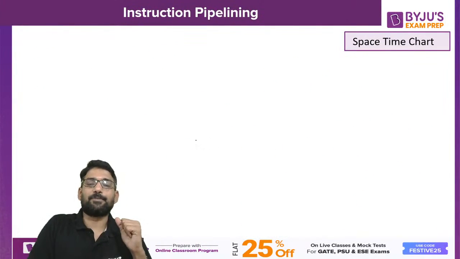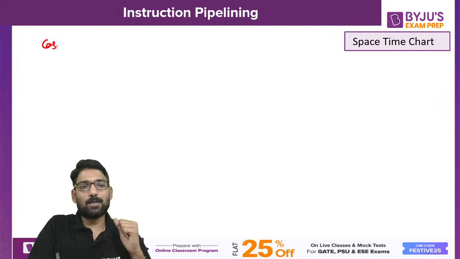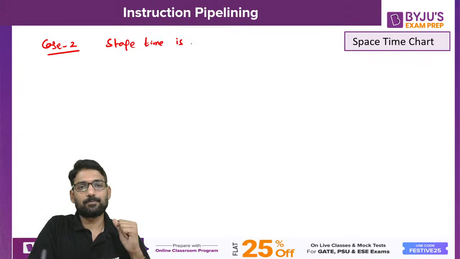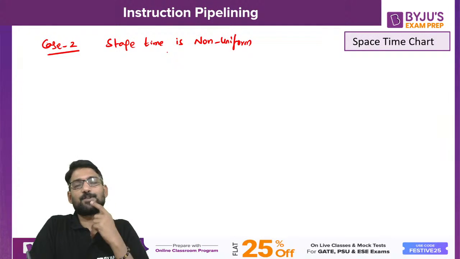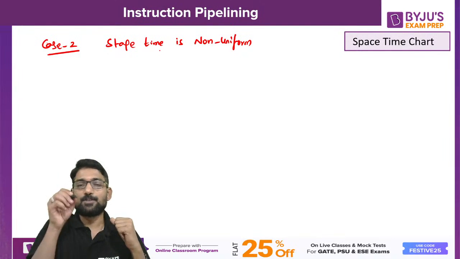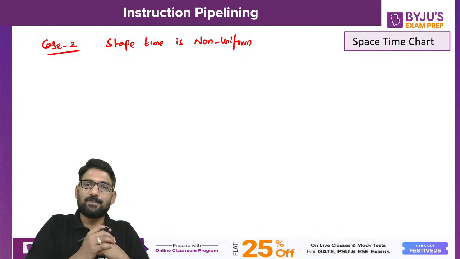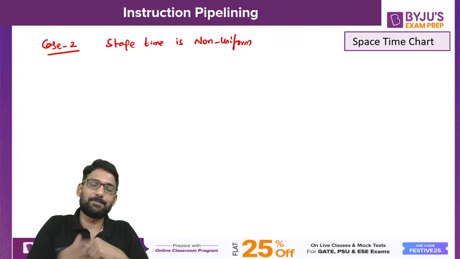What if the stage time is non-uniform? Means every instruction, every stage is not taking the same time. Then small t is not fixed, so that formula will not work.